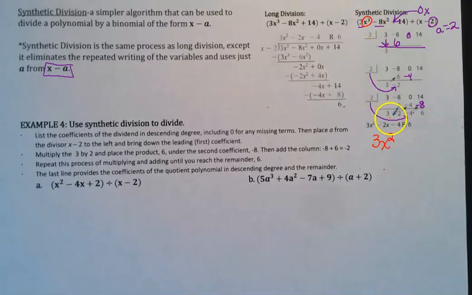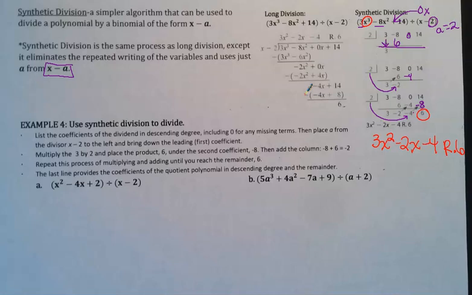So 3x squared minus 2x, minus 4, a constant. I've used all of my x's, so this number left, this 6, is a remainder. So you get the exact same answer that you got with the long division, but it's a little bit quicker to use synthetic division.